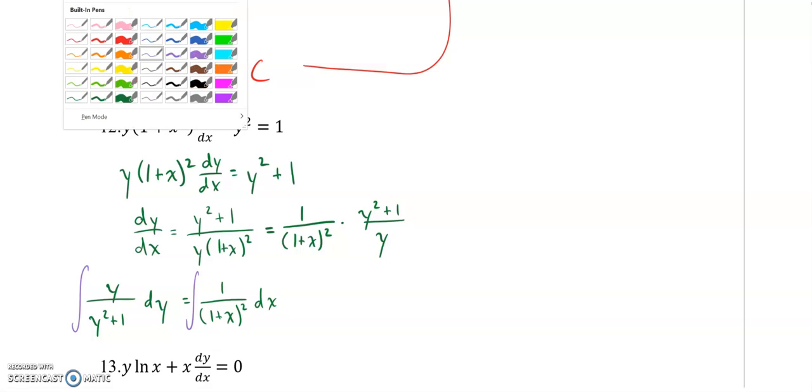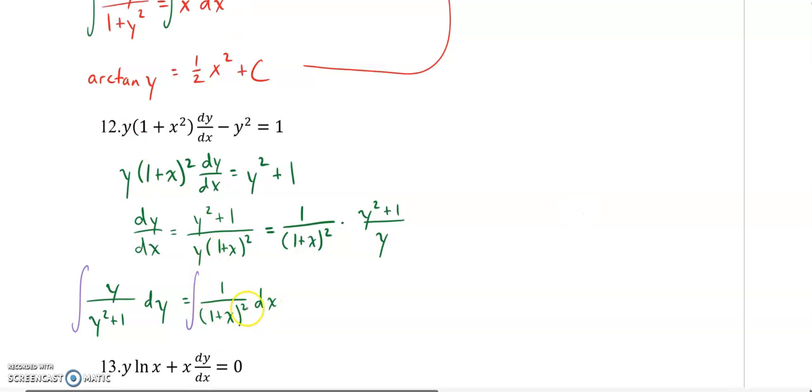And when we do that, we have to use a little bit of u substitution here. Okay, so we're going to let u equal y squared plus 1. So du dy is equal to 2y, or du is equal to 2y dy, or dy is equal to du over 2y.